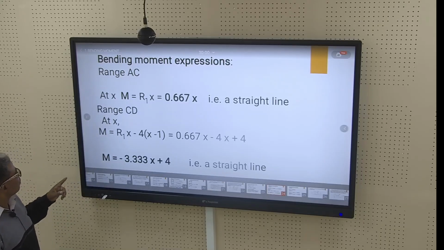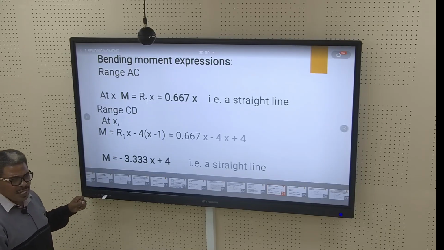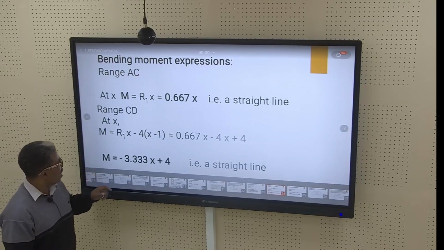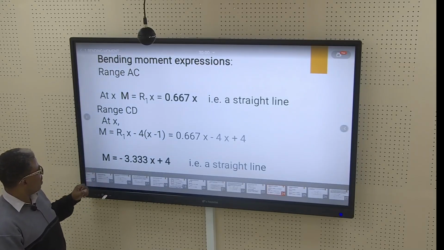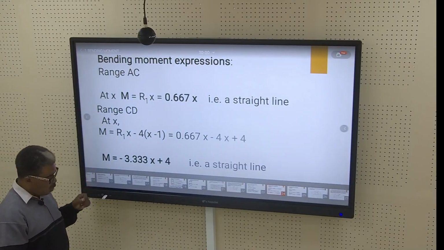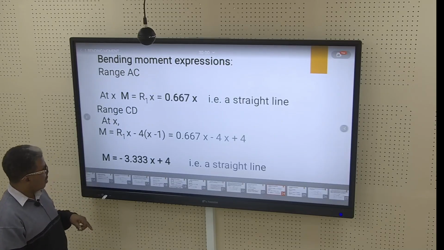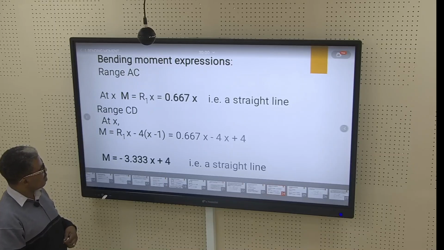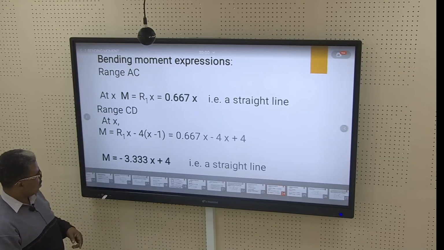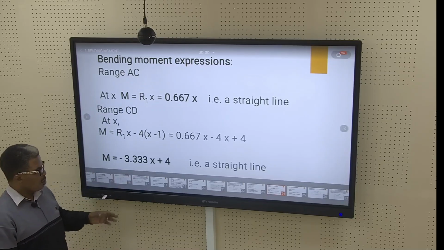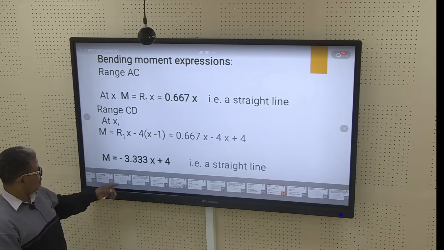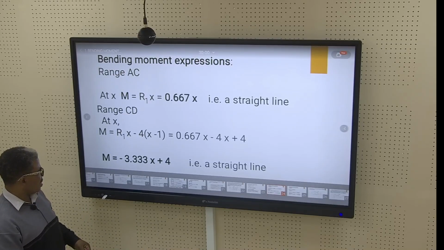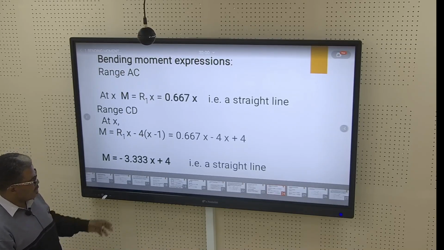So the range at CD, it is R1 times x minus 4, the force, in bracket x minus 1 meter, in bracket, gives this expression. Bringing together the like terms, it gives the expression 3.33x plus 4, which is a straight line.